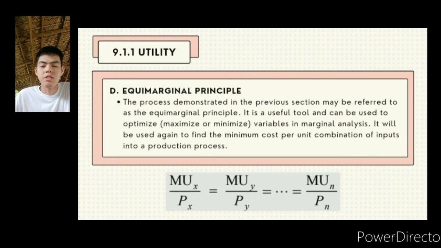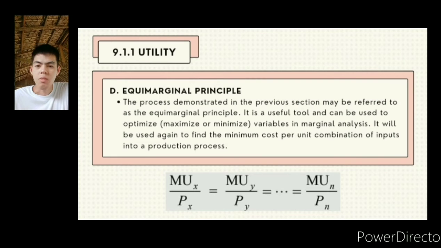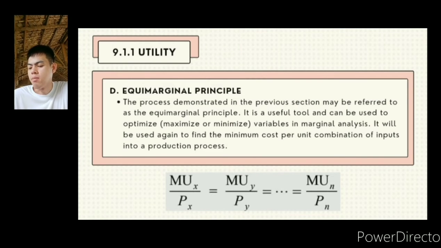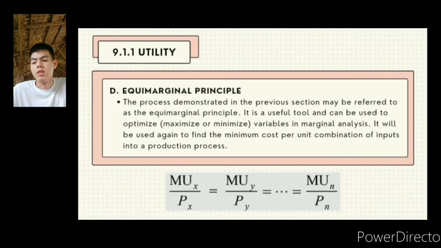Then, punta tayo dun sa equimarginal principle. The equimarginal principle is a kind of tool used to optimize the variable in marginal analysis. At maaari itong gamitin para mahanap yung minimum cost ng bawat unit.